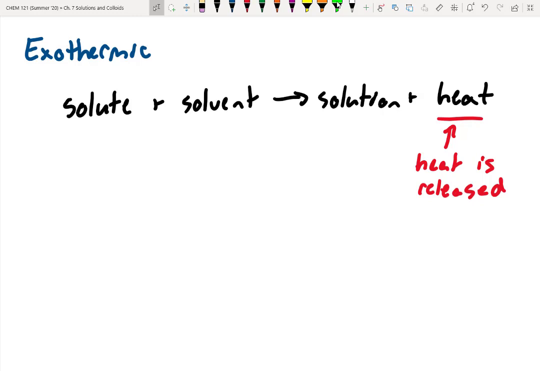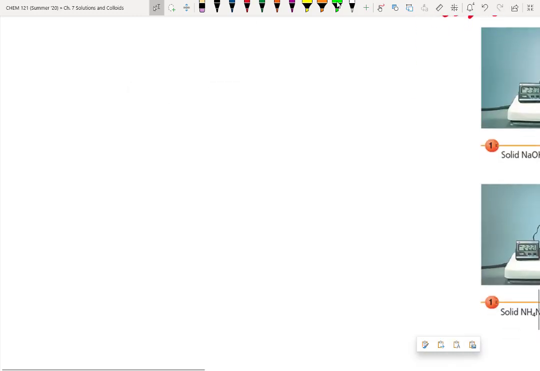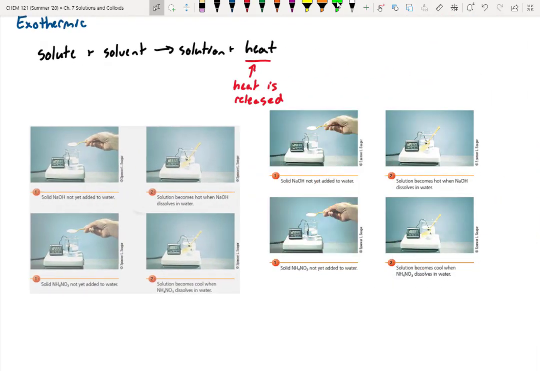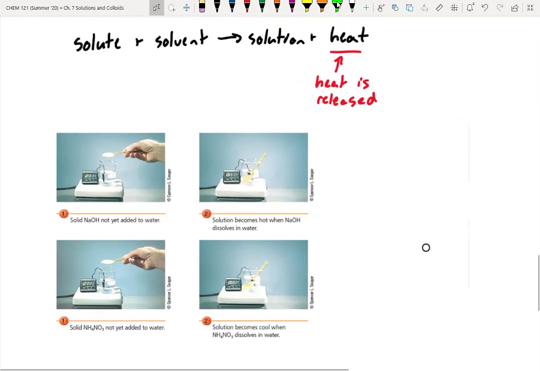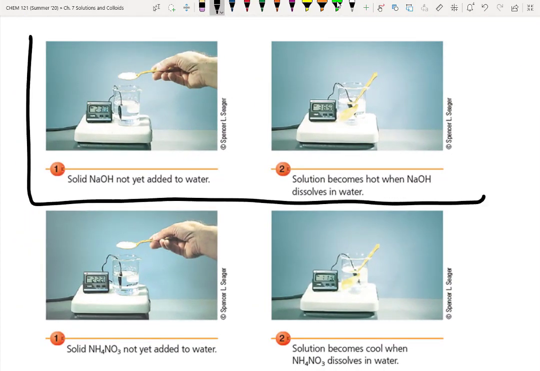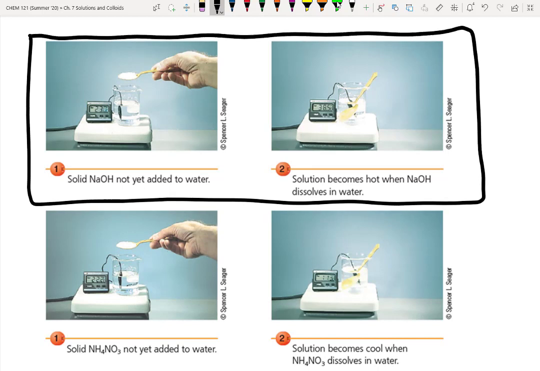So here's a really quick picture before we finish up, where you can actually do this in a lab setting. In fact, this is a demonstration I normally like to do, but obviously we can't do it in an online environment. But up here, you can see that sodium hydroxide, when you add it to water, will actually take this temperature from about room temperature, which is 23 degrees, all the way up to 38.5 degrees.